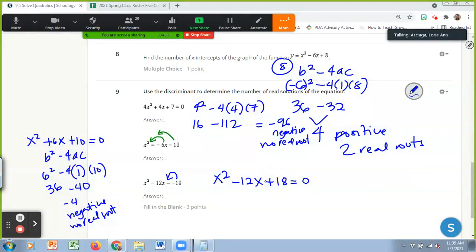Okay, so your b is negative 12. So negative 12 squared minus 4. When you go to geometry, there's not a lot of things like this, but solving equations, that's a must.